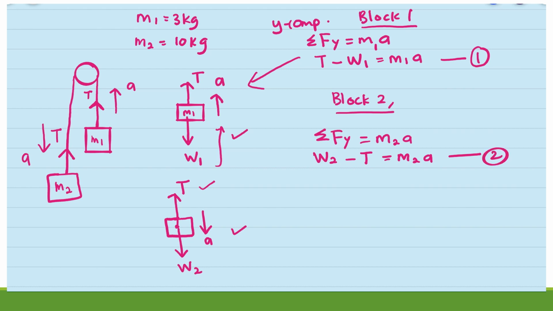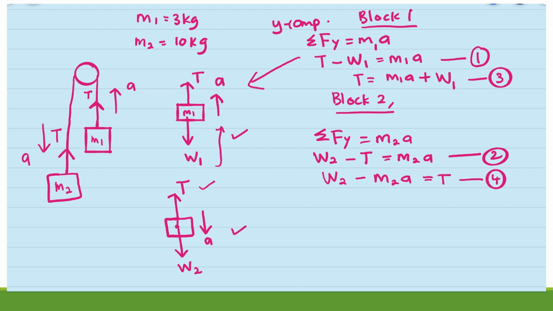And we know that T from equation 1 equal to M1A plus W1. So this is equation 3. And from equation 2, W2 minus M2A equal to T. This is equation number 4.